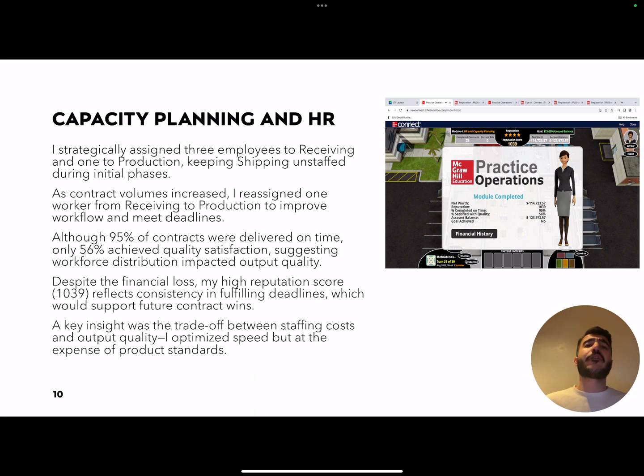This was reinforced when I was upgrading machinery to reduce the production cycle. I applied Kaizen by reviewing performance and tweaking staffing levels and equipment between rounds. My decisions reflect how strategic capacity planning, workforce optimization, and machine investment directly impact performance, cost, and delays in deliveries.